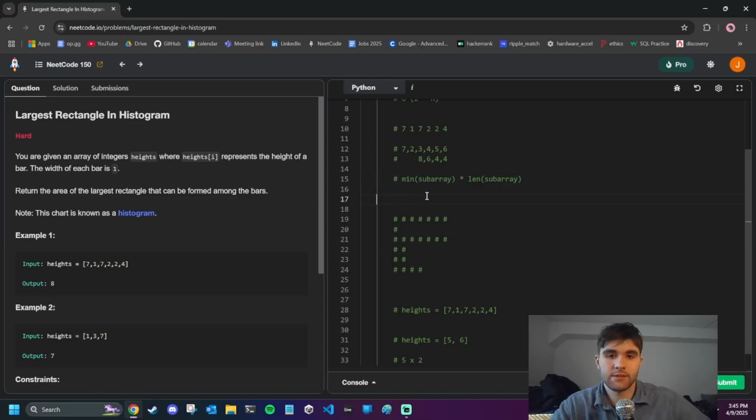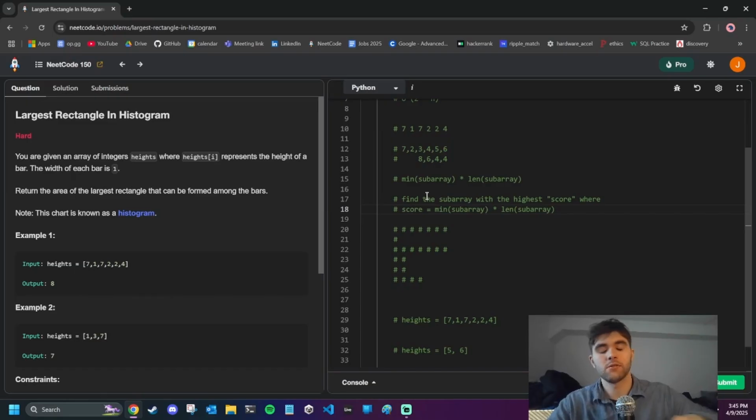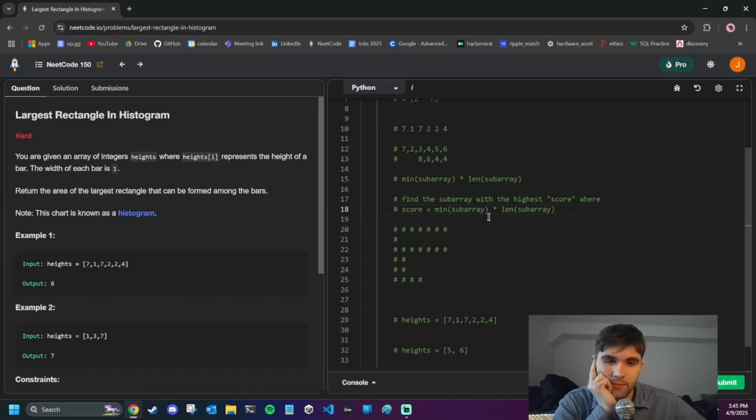So that's another way of saying find the subarray with the highest score, where the score is the minimum element in that subarray times the length of that subarray. So is there some heuristics we can make? We probably want to maximize the minimum value, and we want to increase the length, so we want to maximize both of these elements.